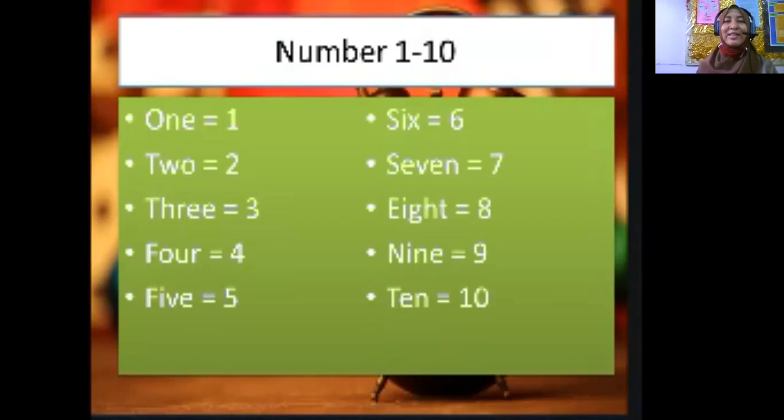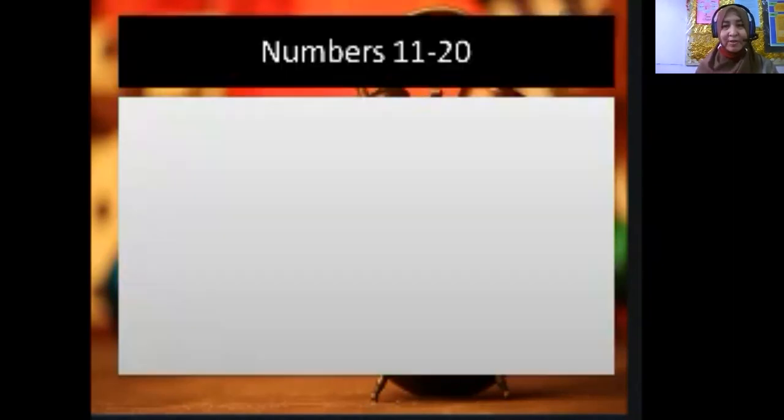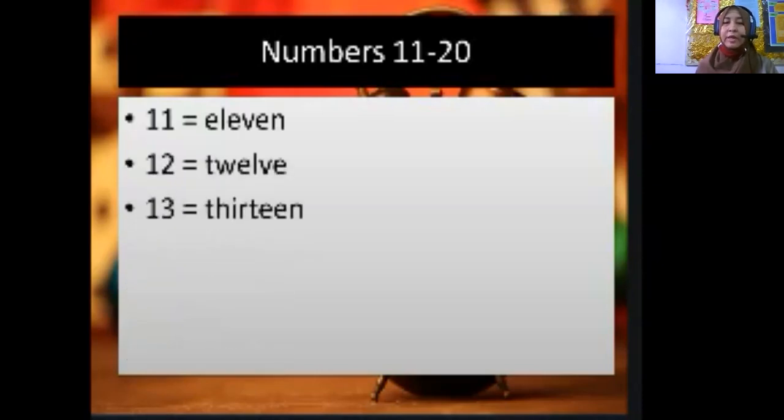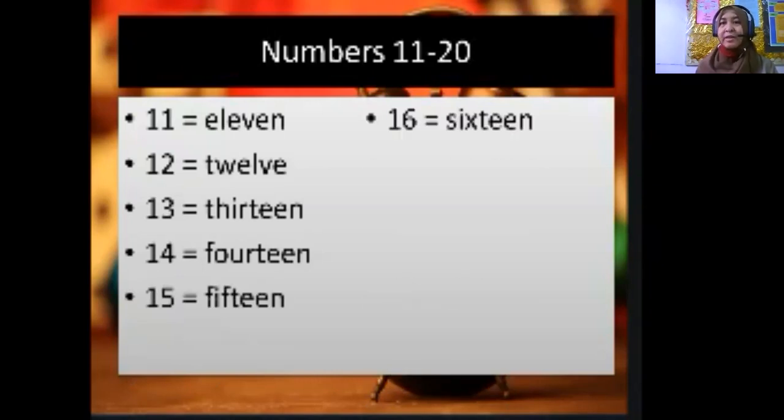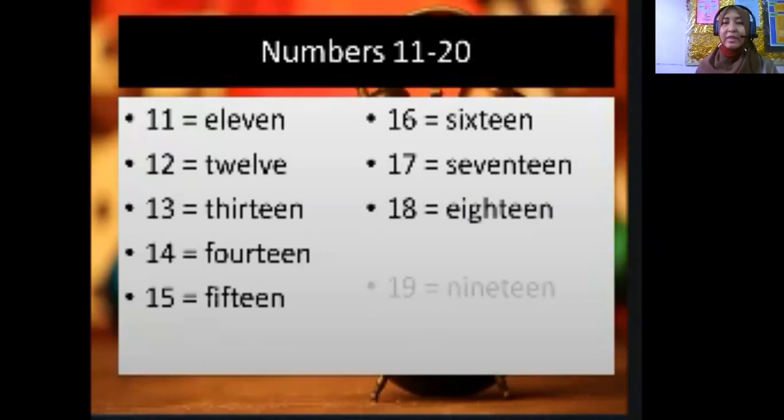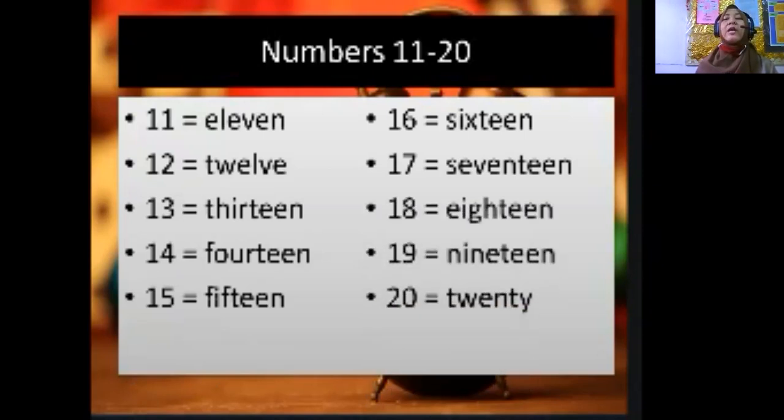Excellent, students. Now, we move from number 11 until 20. It's a piece of cake, right? Okay, let's start. 11, 12, 13, 14, 15, 16, 17, 18, 19, and 20.